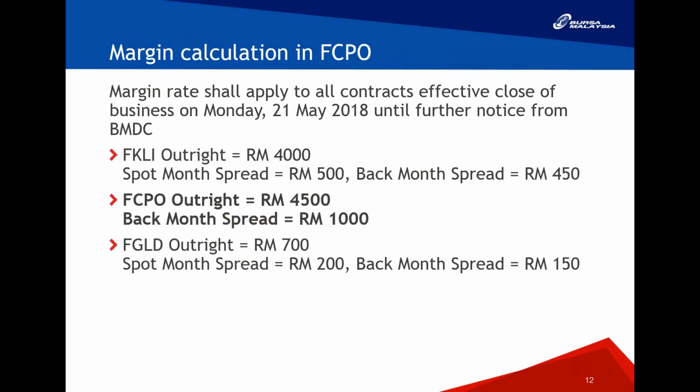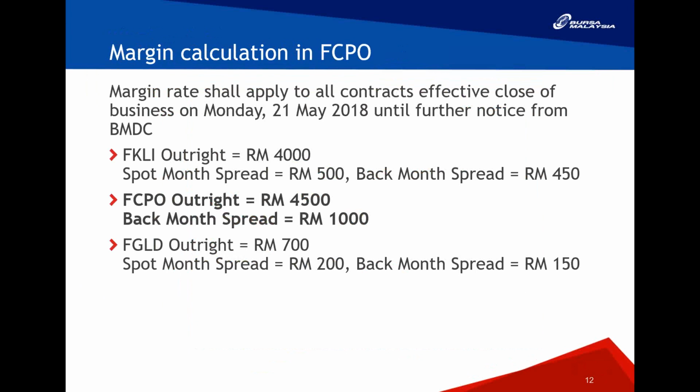As I said, margin is a very essential element before you start trading, because when we talk about risk, it's not only P&L, it's not only the risk and reward ratio, but it starts with small things like margin. So if you take a look at this slide, the CPO margin is 4,500 ringgit.